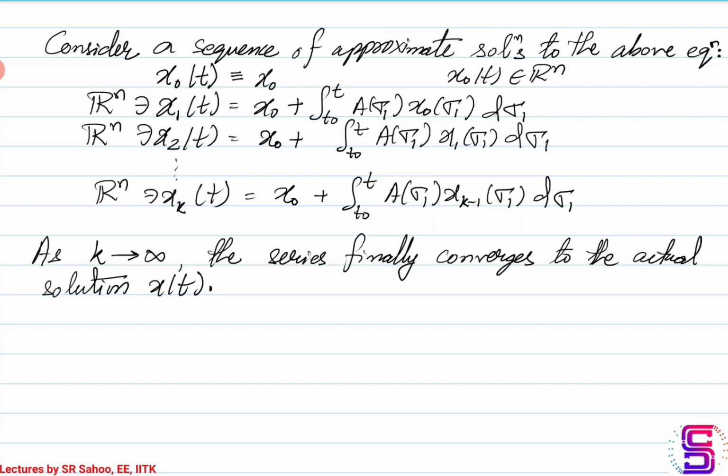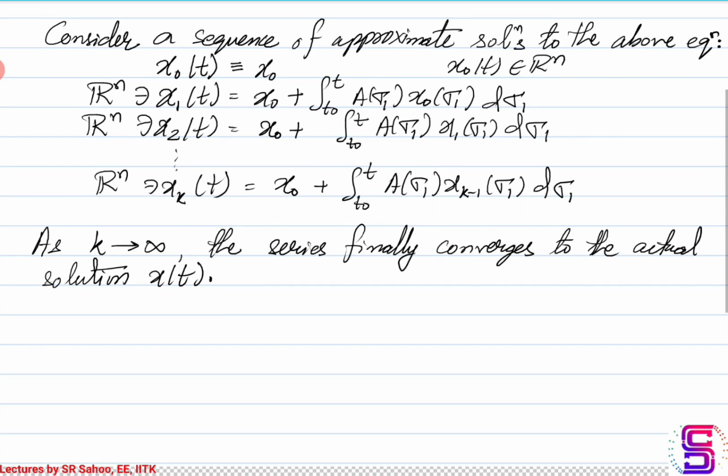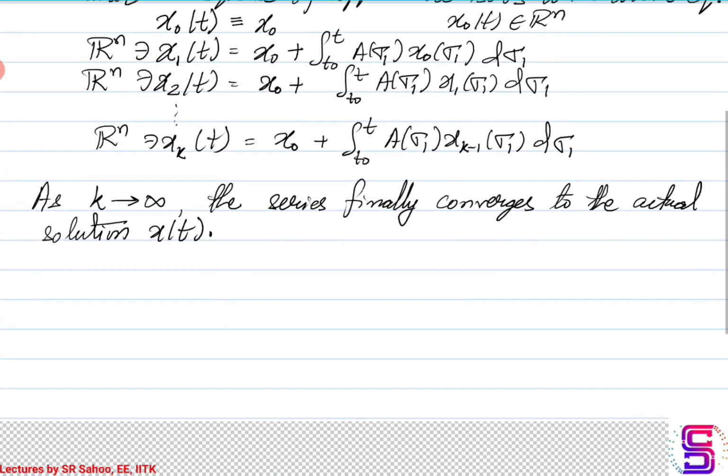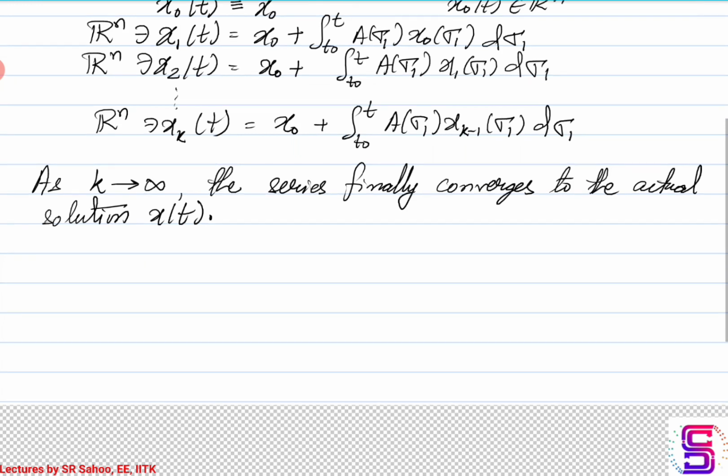Okay, so you keep on generating the subsequent entry in the sequence using this particular regeneration method. As you keep on doing that, the approximations get better and better, and as you come closer and closer to the infinite sequence, you finally tend to converge towards the actual solution. Okay, so now because this is the case, we need to know what is the exact structure of how x is going to look like.